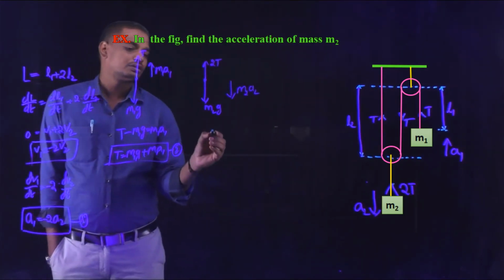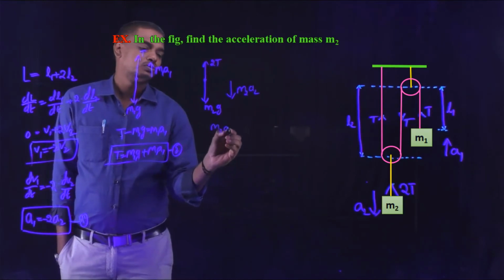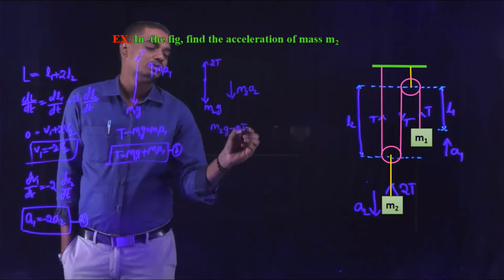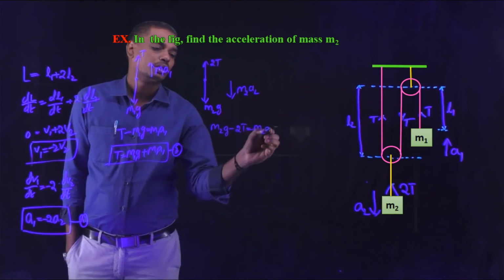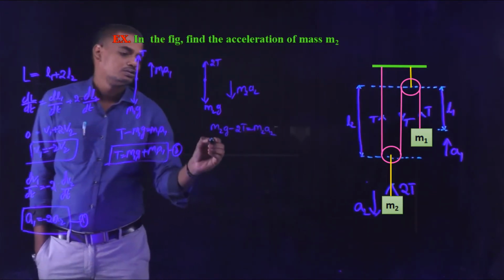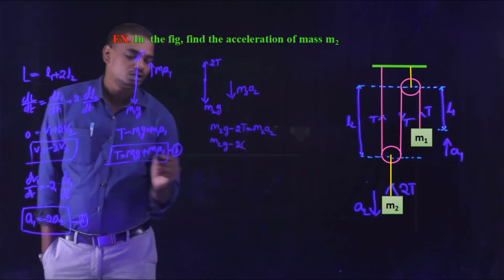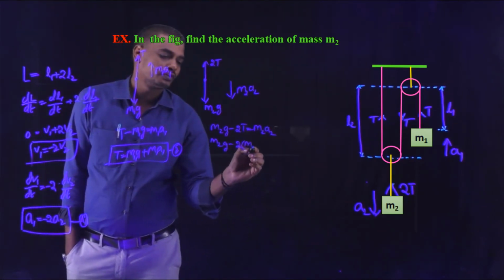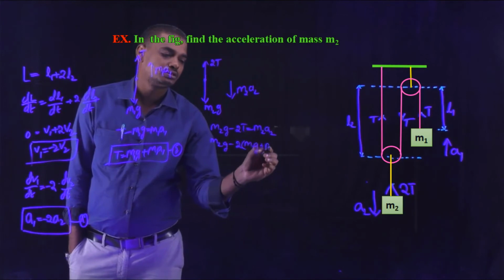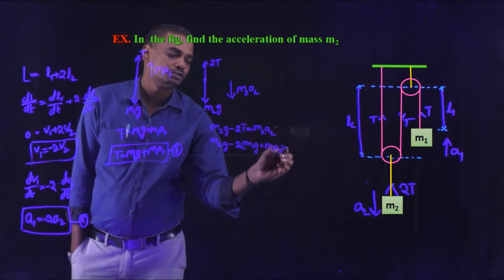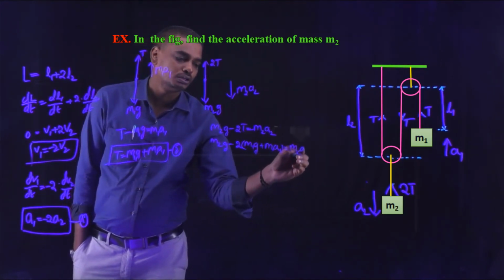Therefore the equation can be written as m2g minus 2T is equal to m2a2. So m2g minus 2 into T, where T is nothing but m1g plus m1a1, is equal to m2a2.